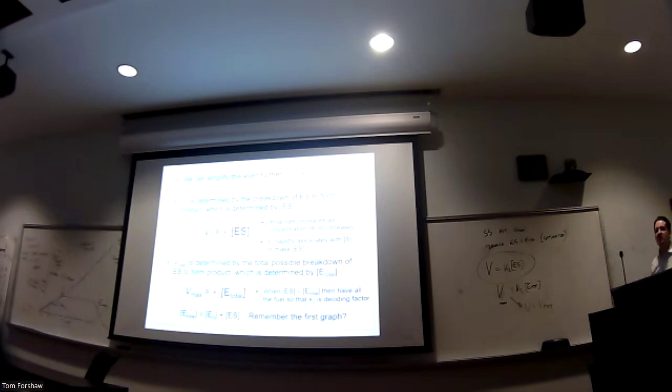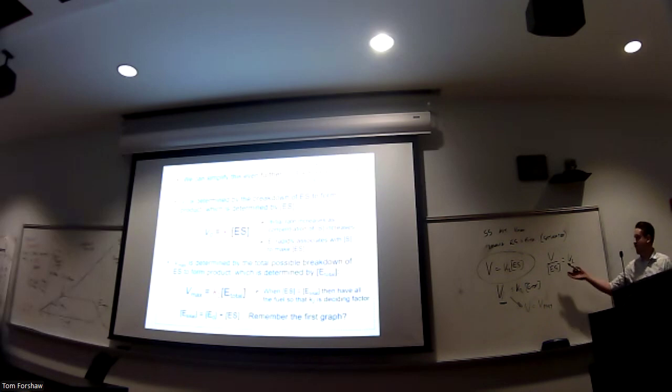Remember, that's the rate. If we rearrange that equation and instead do V divided by ES, that will give you the K2. That will give you the rate.